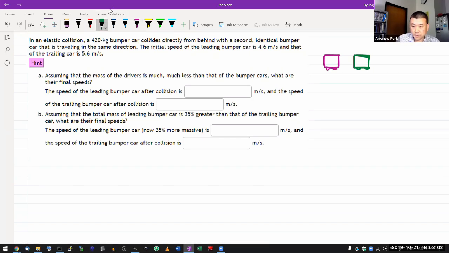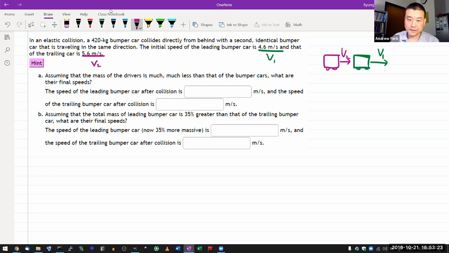So this bumper car is moving at some speed of v1. So here, this would be this one, leading bumper car, v1. And this bumper car is going at speed of v2. And for this to make a physical sense, not just a mathematical sense, v1 needs to be smaller than v2.